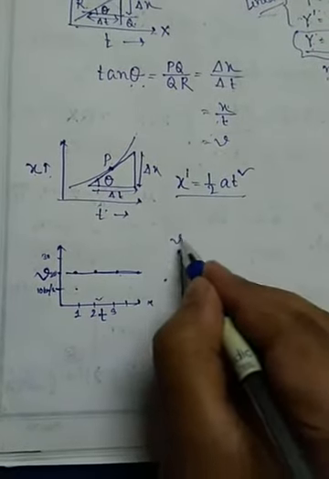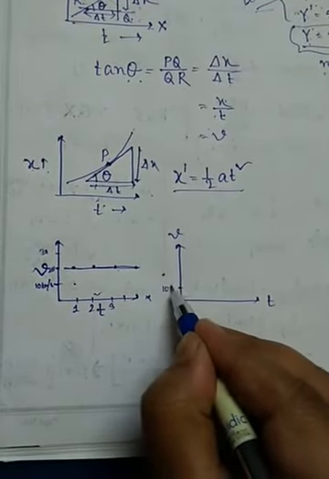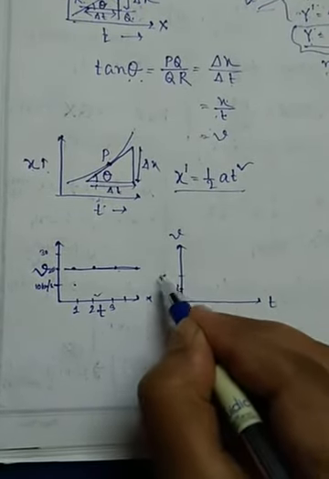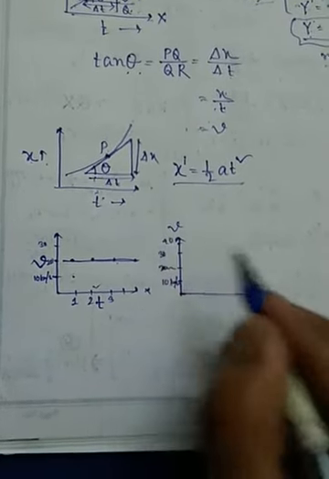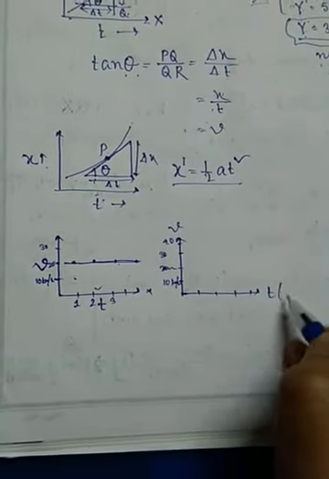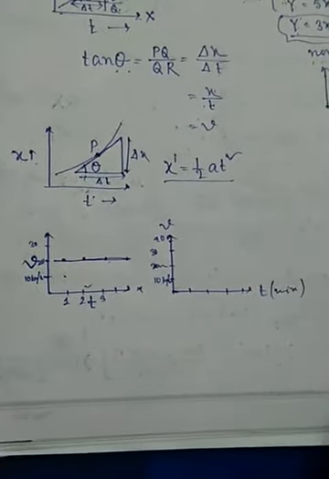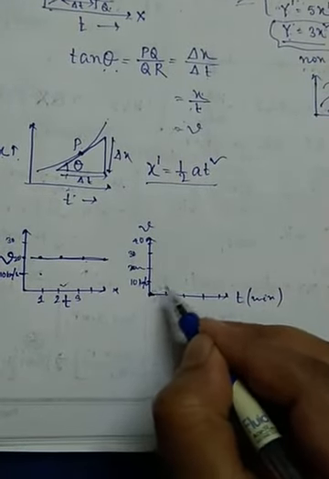Let's say this is velocity and this is time, and I am plotting here, this is 10 kilometer per hour, this is 20, this is 30, this is 40 kilometer per hour, and this is time 1, 2, 3, 4, 5 in minutes. Let's say a particle at the start of time was at rest.